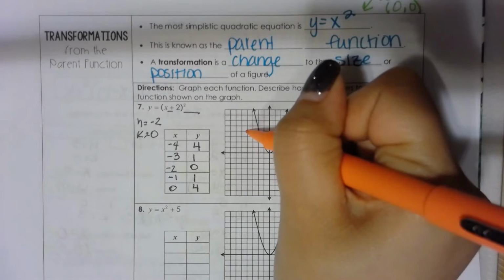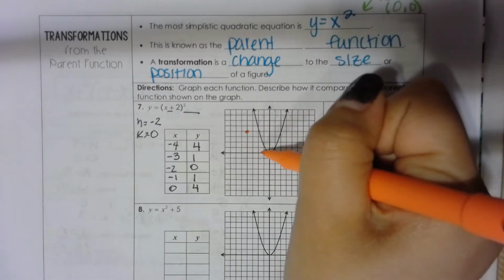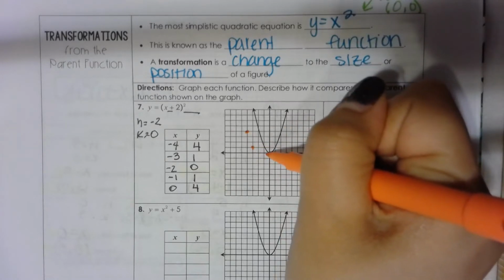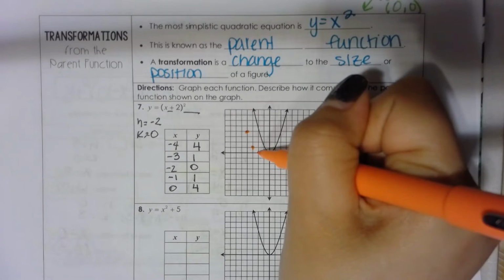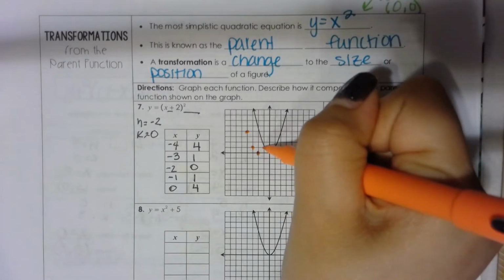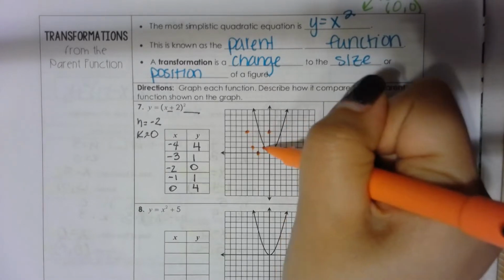Then we go back to the origin and go left 3 and up 1. And then go back to the origin, and go left 2 and not go up or down, so 0. And then placing negative 1, 1, and 0, 4. Remember, these next two dots should be equal.